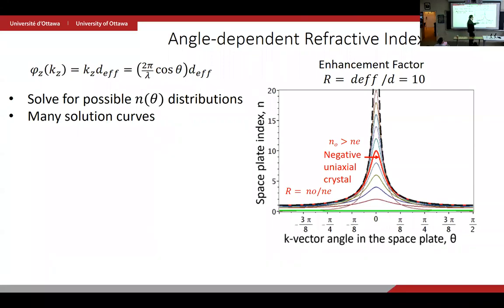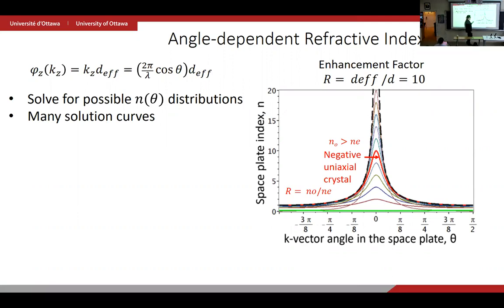And of that, I noticed this curve here, which to me looked like what you get from a uniaxial crystal. I just somehow remembered that. And so then I went back and looked at the index that you get from a birefringent uniaxial crystal. So now you have two indices in two different directions inside this material. As you change your angle, you're getting a combination of those indices.